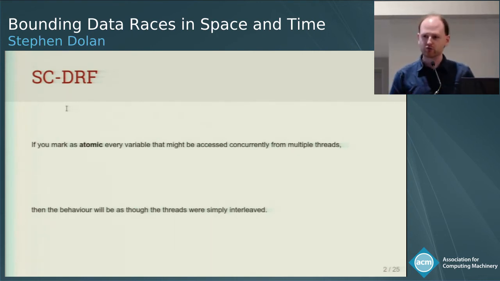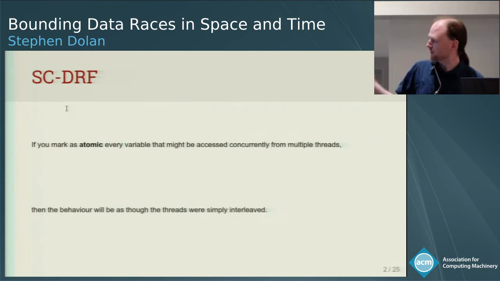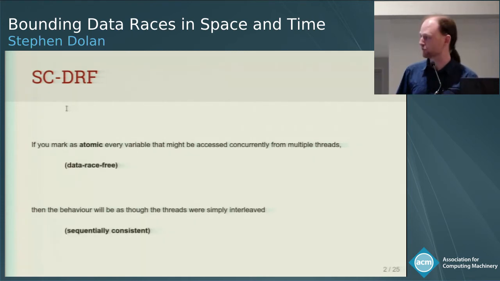So in return for the programmer annotating everything, the system then guarantees that the behavior of this annotated program will be as though it were just interleaved, as though the threads were running on a sequential processor one at a time. The property of having every variable marked as atomic if it's used for multiple threads is known as being data race free. A data race is when two threads concurrently access the same variable and it hasn't been marked as atomic.